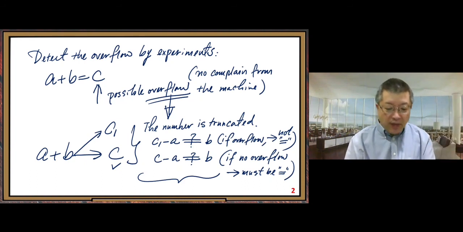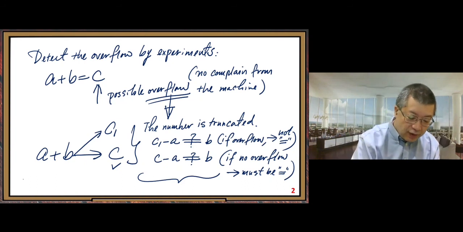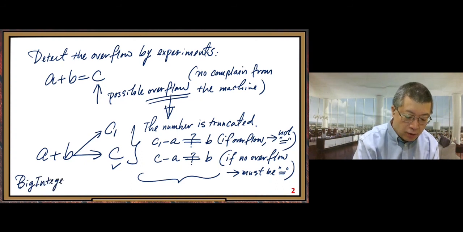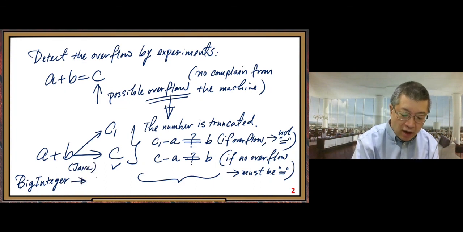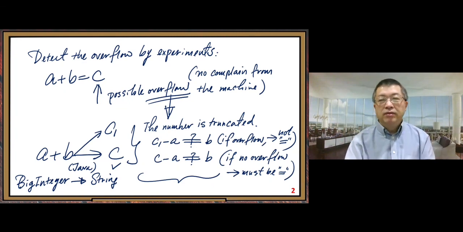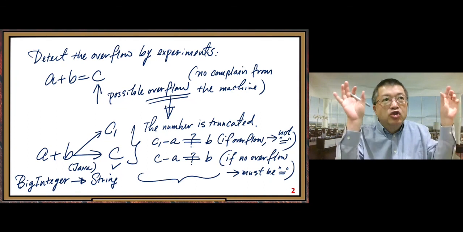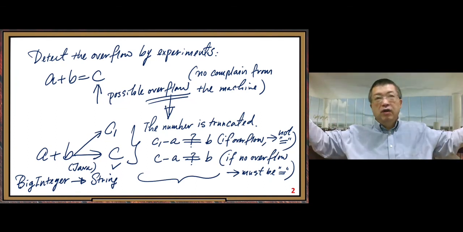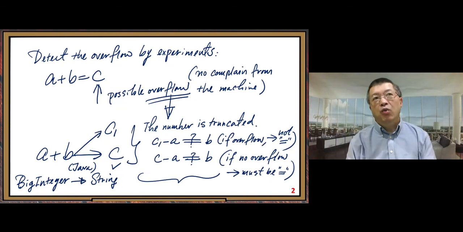Now, that's the reason we use big integer in Java, because big integer in Java uses a string to handle the big integer, to represent the big integer in a long string. For a string, we know we can make it as long as we want.